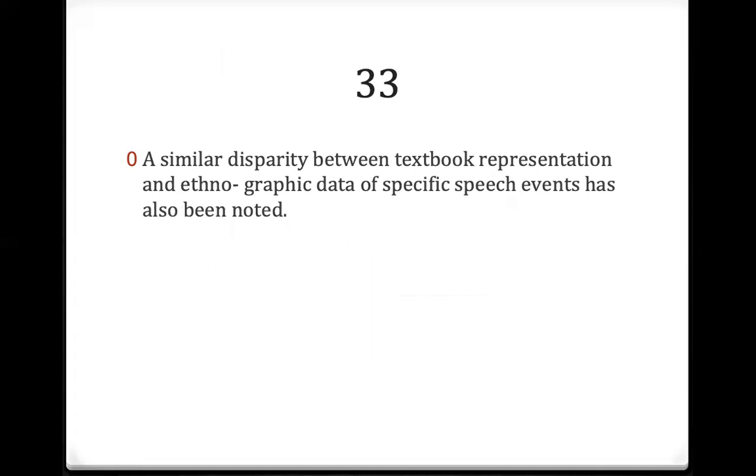And there is a gap between textbook representation of a language and ethnographic data. When you read an English textbook, the way they represent English, if you go to the real society and listen to the people speaking, that is ethnographic data collection. There will be some differences.